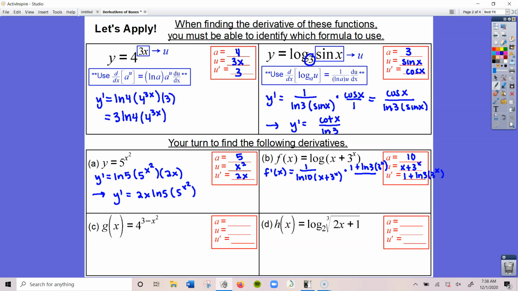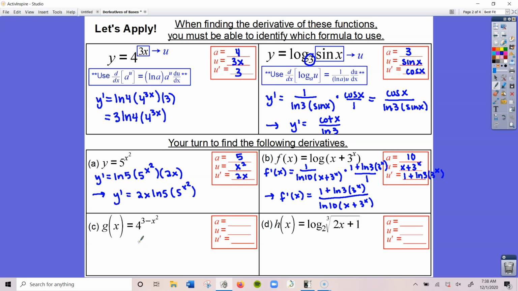Now again, we can put this all together by multiplying straight across. So my final answer would look like f prime of x is equal to 1 plus the ln of 3 times 3 to the x all over the ln of 10 times x plus 3 raised to the x.